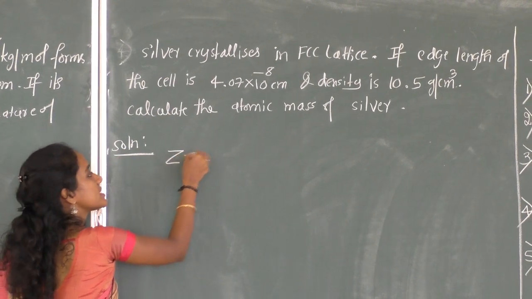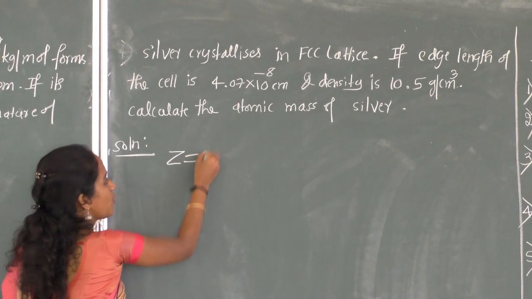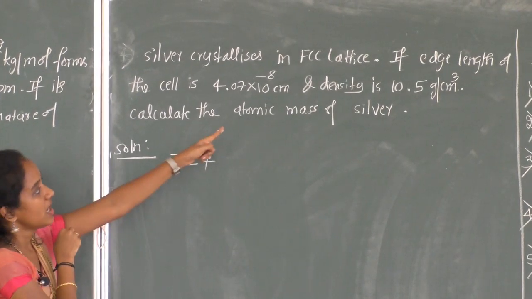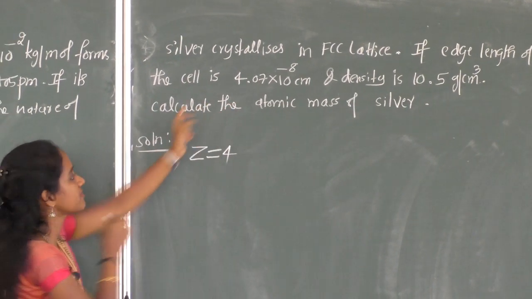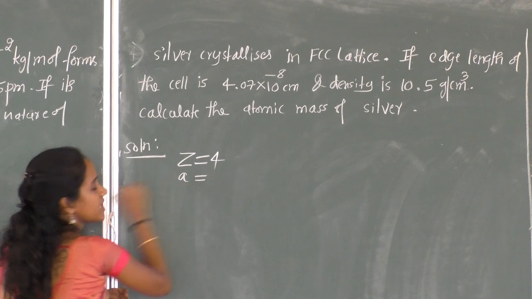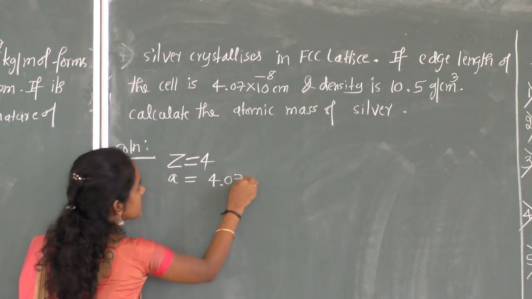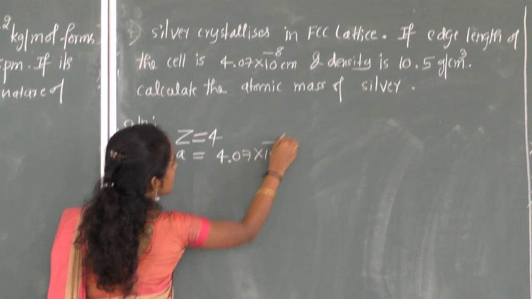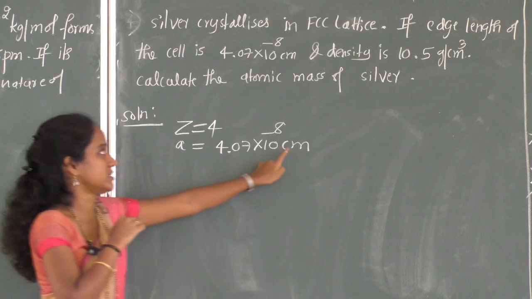So what is the value of Z? The number of atoms present per unit cell, it is 4, right? If the edge length of the cell is, edge length is given, what is the symbol? Small letter a. So edge length is 4.07 into 10 to the power minus 8 centimeter. It is given in centimeters.